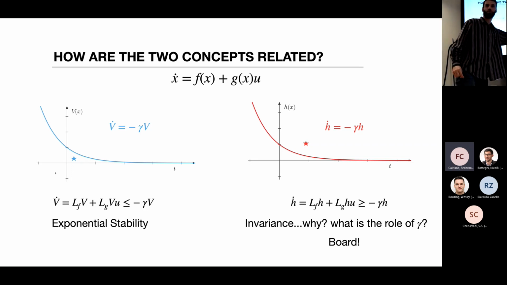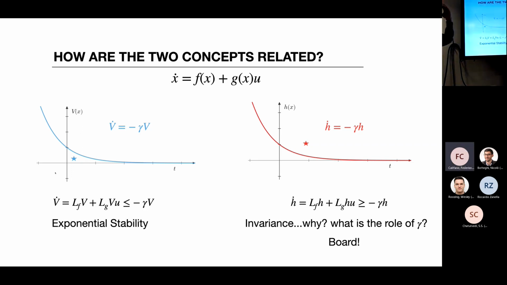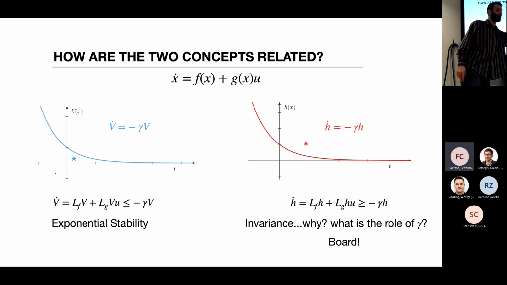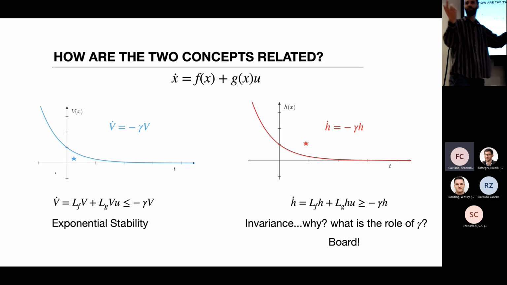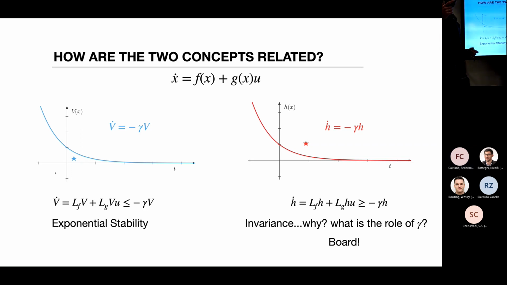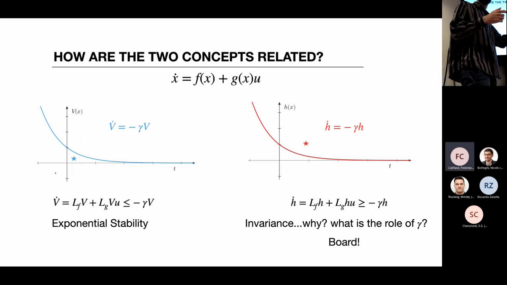If you take the H, the barrier function, and you produce another function which is minus H, the flipped version, call it V, then of course we have a function which is V dot, and the inequality sign reverses. And then we have a Lyapunov function.